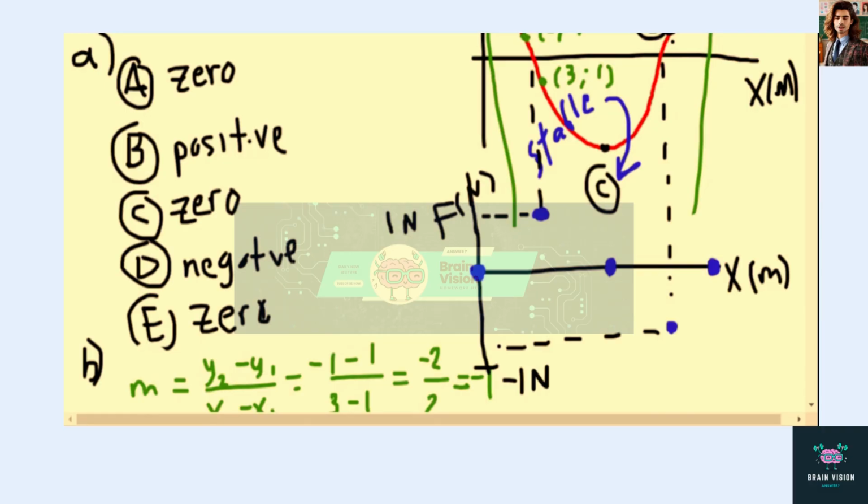Now let's think about the shape of this graph. The slope is close to 0 here, and it's maximum here, but the slope changes gradually.